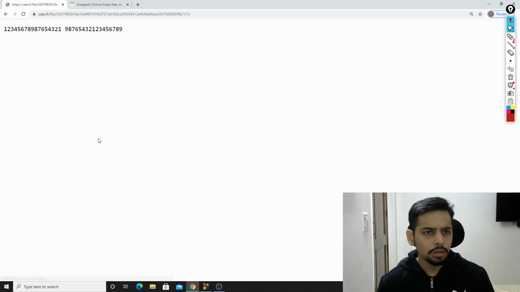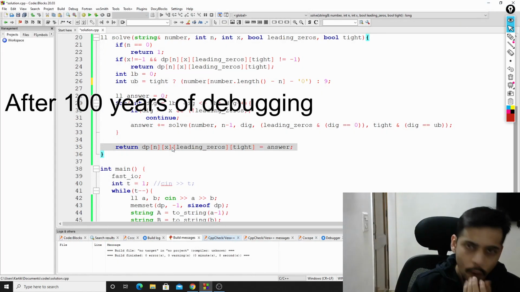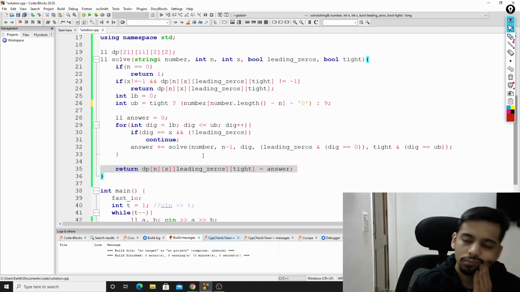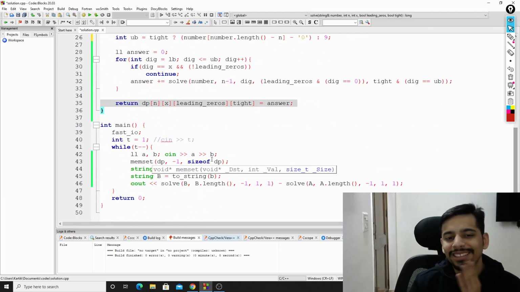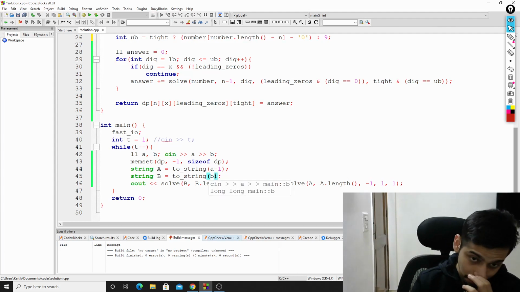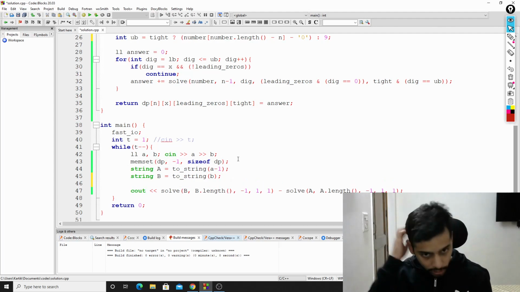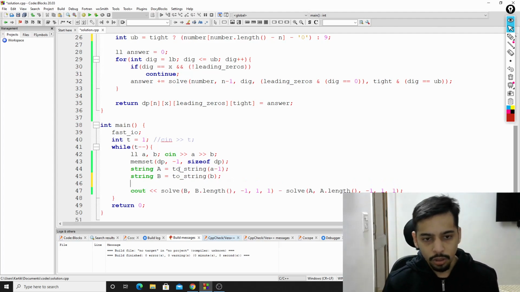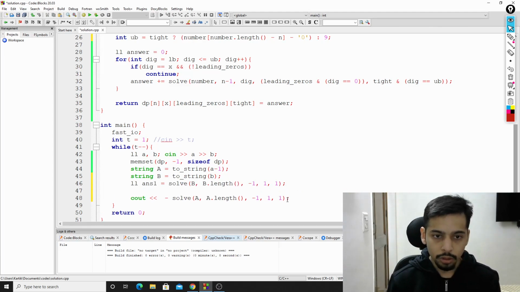What could be the possible reason for this to be incorrect? I don't think their test case will be wrong, but always. Oh, I got it. I need to memset the DP table twice, right? Oh damn! I'm really sorry about this mistake. Because once you evaluate this, your DP table is already filled up. So for long long answer 1, you need to memset it again.